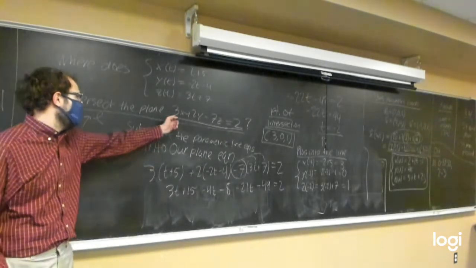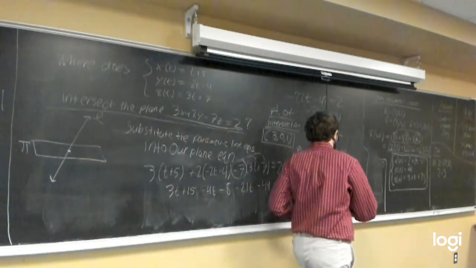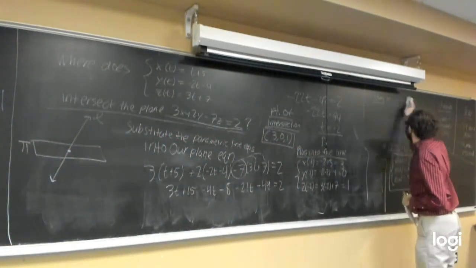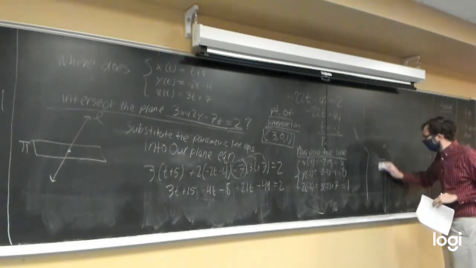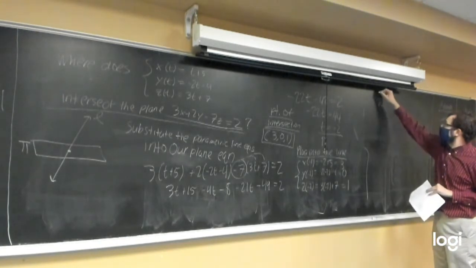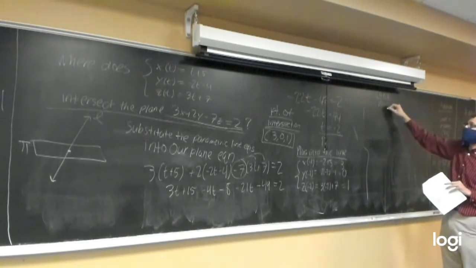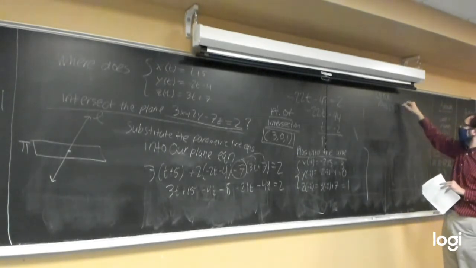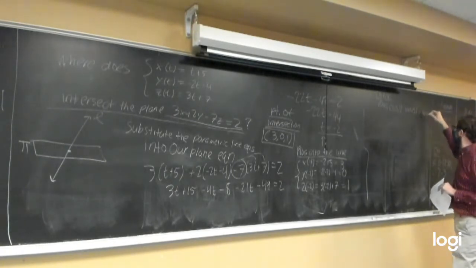Yeah, let's see if we plug this into the plane equation and see if it works out. So this is just a check at the end, does 3, 0, 1 satisfy the plane equation?